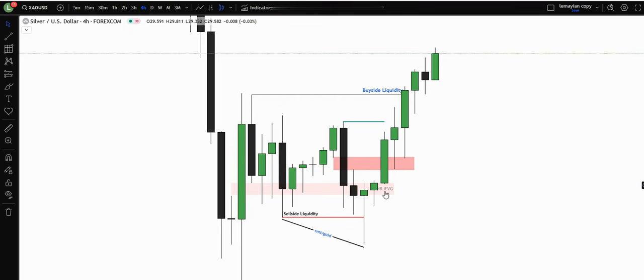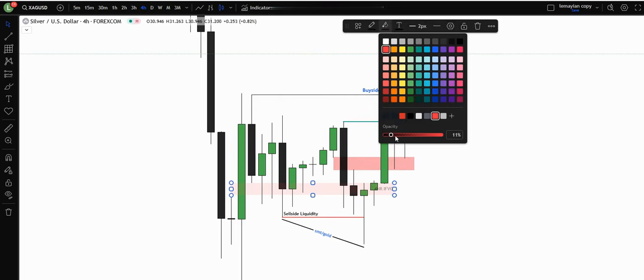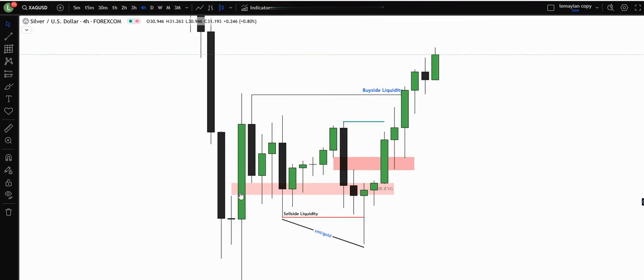Then you look closer here. I can make this more visible a bit. Look at that. So we had an inversion there. Price really did not even feel this, it completely closed below it. So you see, it just really tried, and then it left.